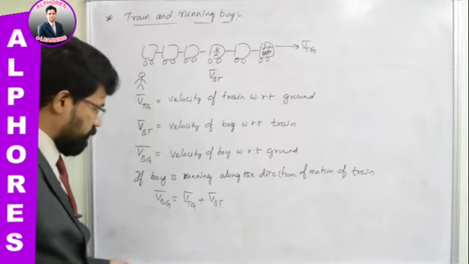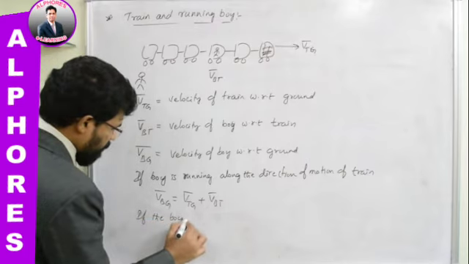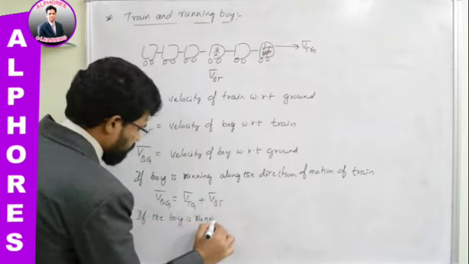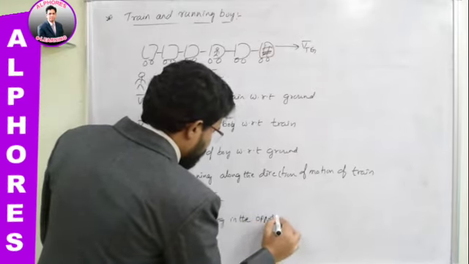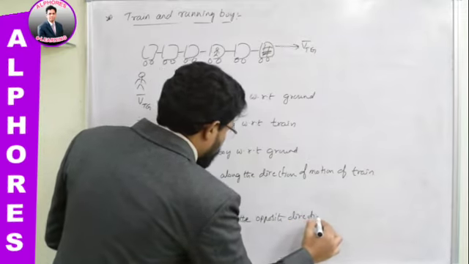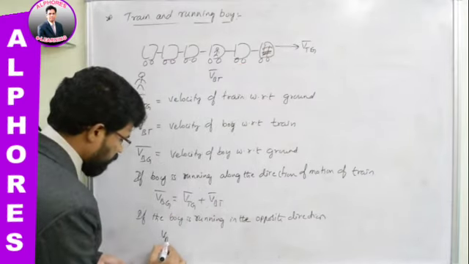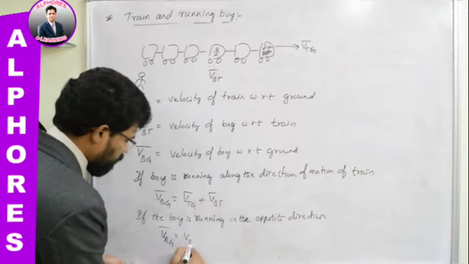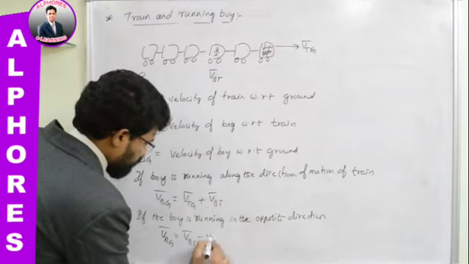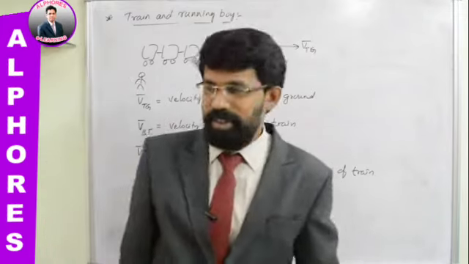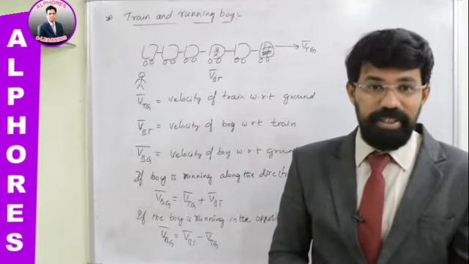That's the velocity of boy with respect to ground. If the boy is running in the opposite direction, opposite to the direction of motion of the train, in that case, velocity of boy with respect to ground will be velocity of boy with respect to train minus velocity of train with respect to ground. So that's how you can write. This is how you are supposed to handle it. Let us deal with a few more applications connected with this relative motion.